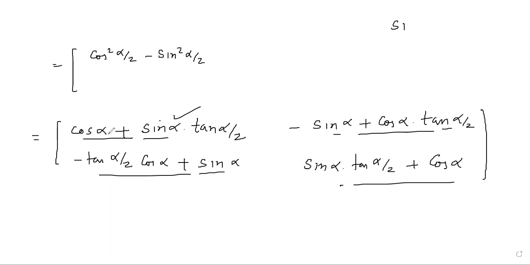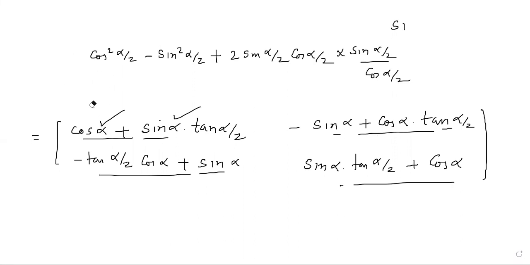So here cos alpha is written in terms of half angle. So cos square alpha by 2 minus sine square alpha by 2 plus this will become 2 sine alpha by 2 cos alpha by 2, since sine 2x equals 2 sine theta cos theta, and this is sine alpha by 2 divided by cos alpha by 2. So we are treating the first term only. Then separately we will do the second and third terms.